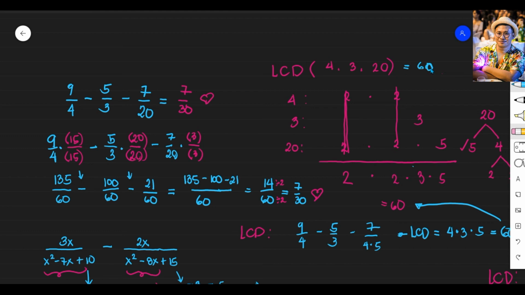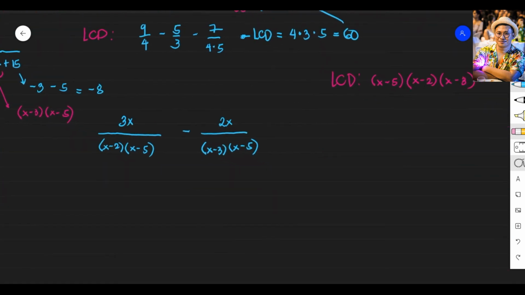Okay, let me repeat. The LCD of 60 is divided by the first denominator 4. The result is 15. Whatever the result is, in this example 15, we multiply it to the numerator and denominator of the first term.